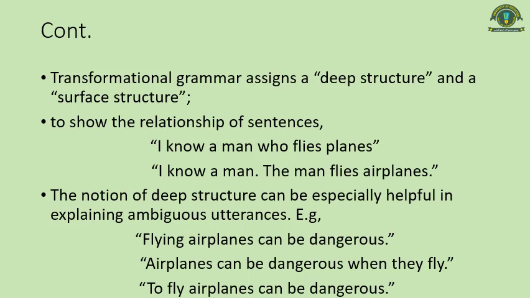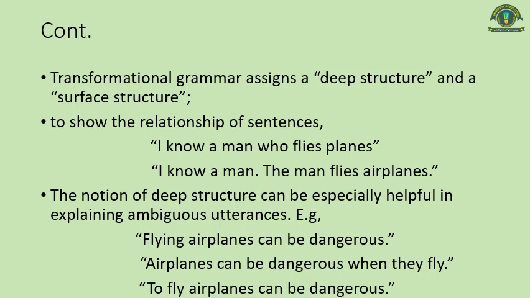Transformational grammar assigns a deep structure and a surface structure to show the relationship of such sentences. Thus, in the first example, the sentence, I know a man who flies aeroplanes, can be considered the surface form of a deep structure approximately like, I know a man, the man flies aeroplanes.